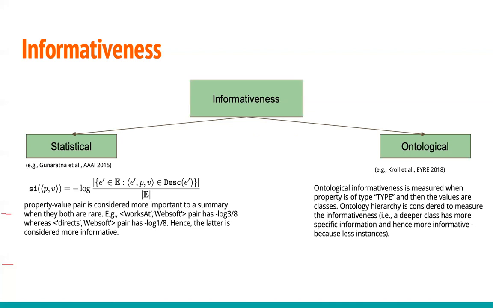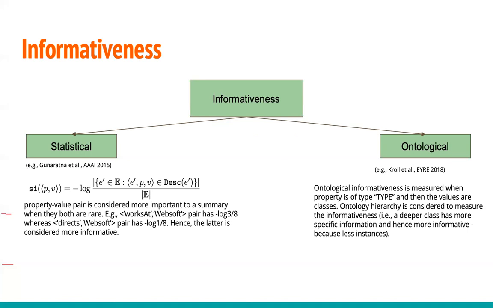So if you look at our example, the property value pair works at WebSoft has the value minus log 3/8, whereas the director and WebSoft property value pair has minus log 1/8.